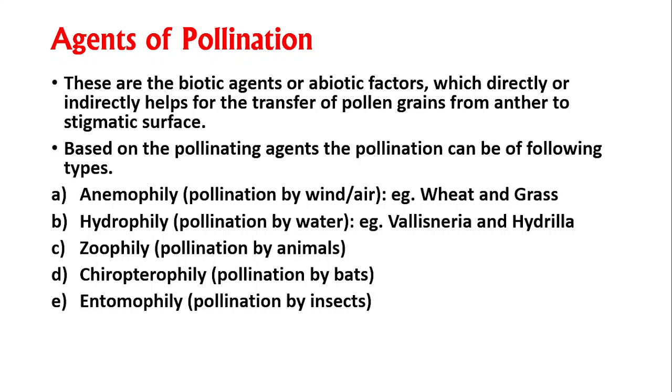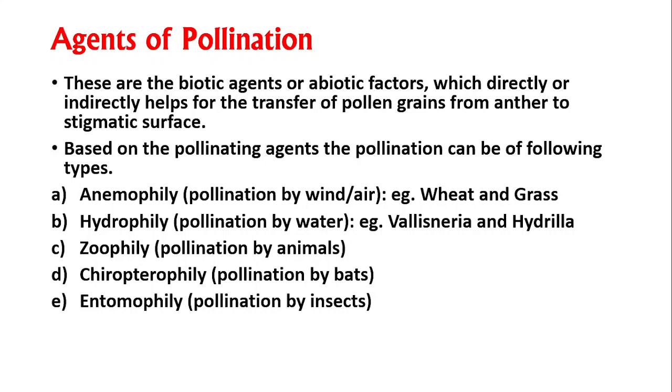Because the pollen grains are non-motile or immotile structures. For their transfer towards the stigmatic surface, they need some factors, whether biotic or abiotic. That means the pollinating agents may be a living organism or a non-living thing, that is an abiotic factor. That particular abiotic factor or living organism which helps transfer pollen grains from the anther to the stigmatic surface is called an agent of pollination or pollinating agent.